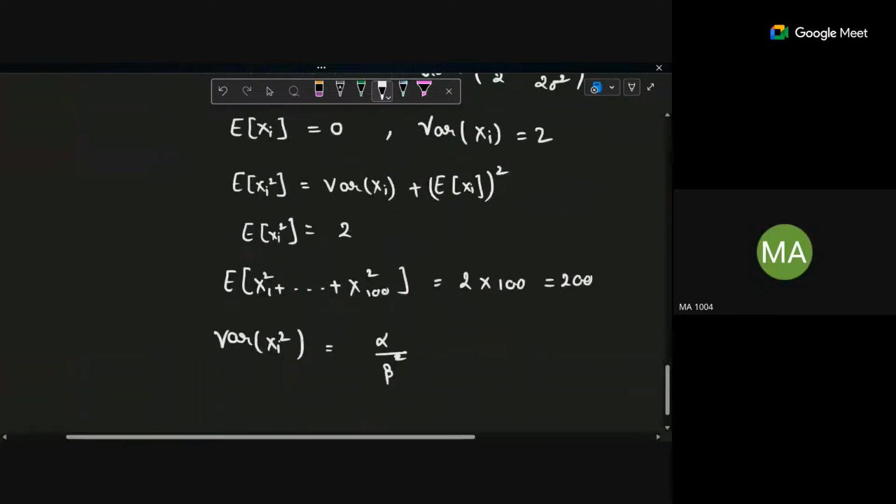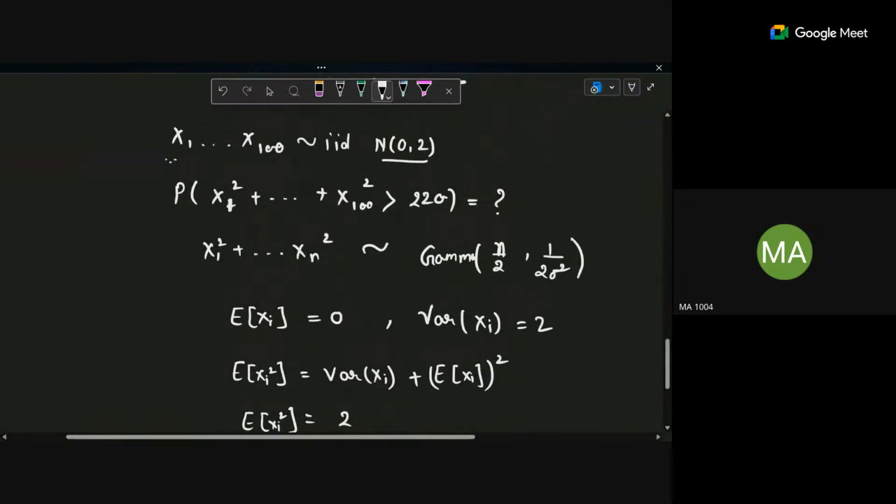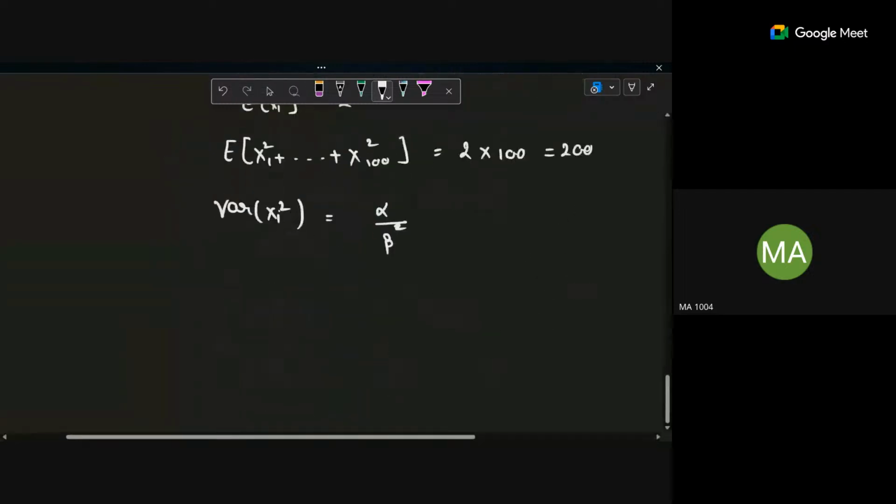So that was the use here: if you know that your xi's are following a normal distribution, then xi square will have a gamma distribution. You have this alpha and this beta. Even you can find the mean from this alpha and beta. What was the mean of a gamma distribution? Alpha by beta.